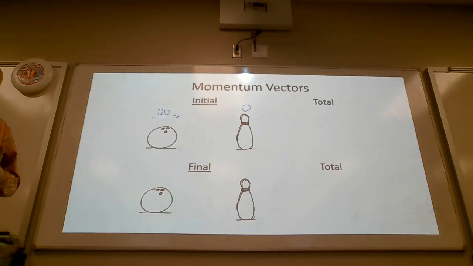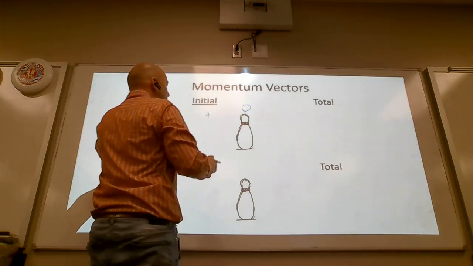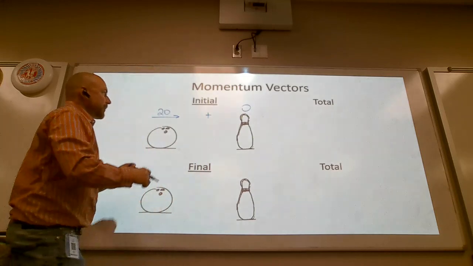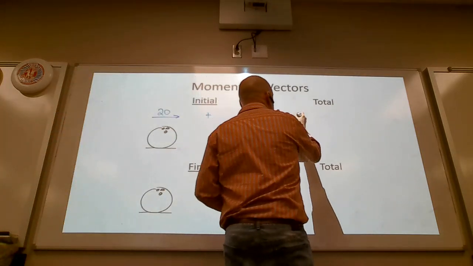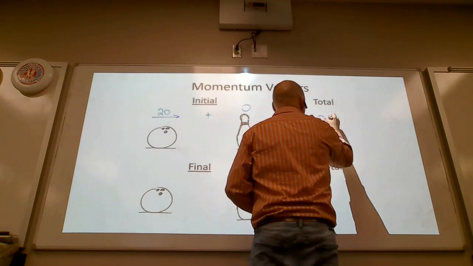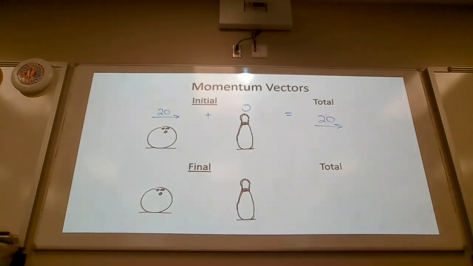We put both objects in our system, so the total momentum of the system is the ball's momentum plus the pin's momentum, and that equals 20 kilogram meters per second to the right. That's the total momentum of the system before the collision.